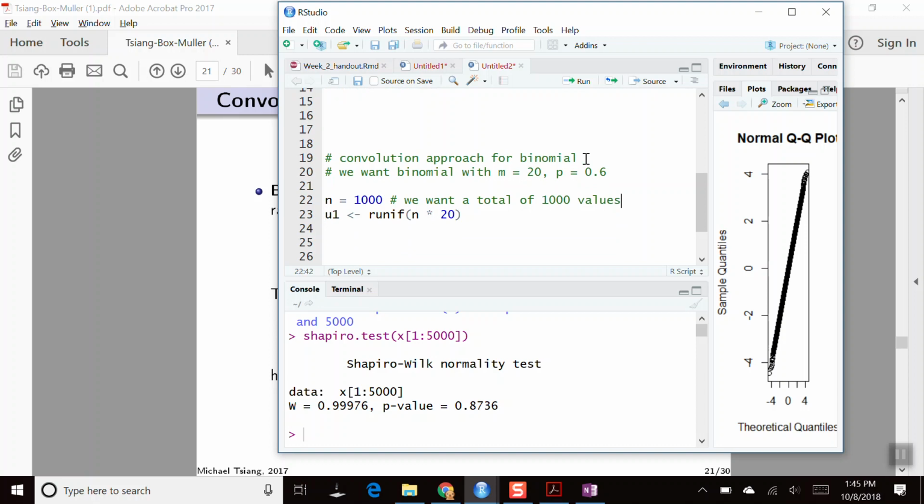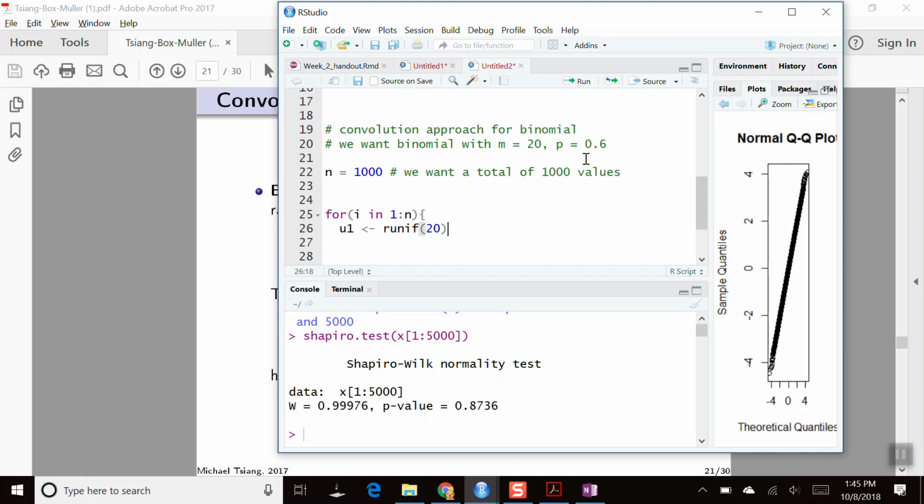Actually, let's do a loop. This will make it even slower, just for funsies. So I'm going to say for i in 1 through n, we're going to generate 20 random uniform values, and then h is going to be the result of u less than or equal to 0.6.